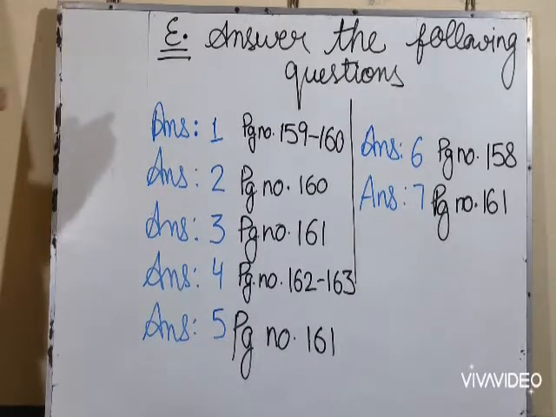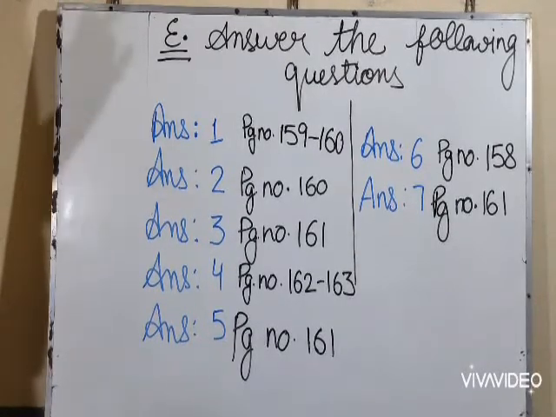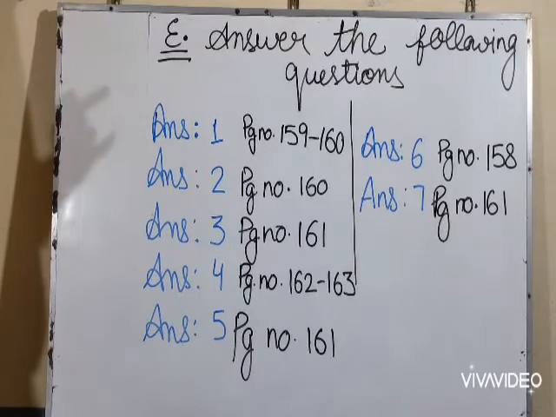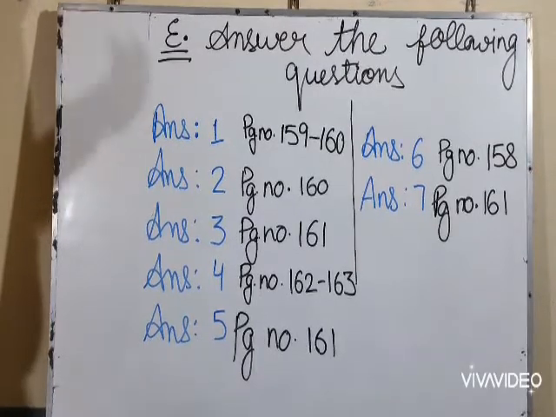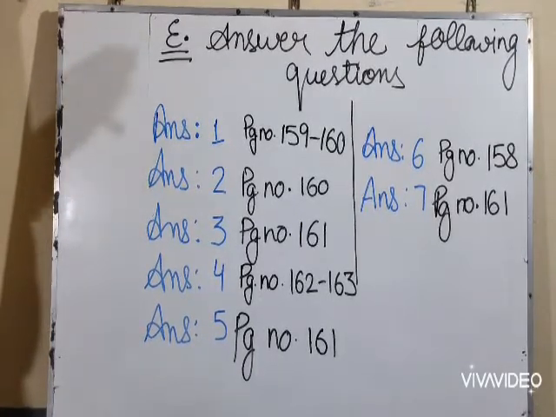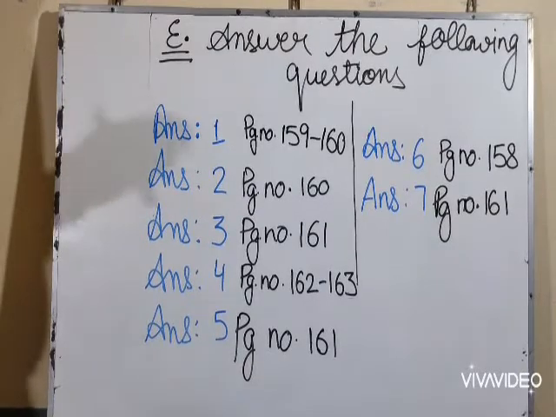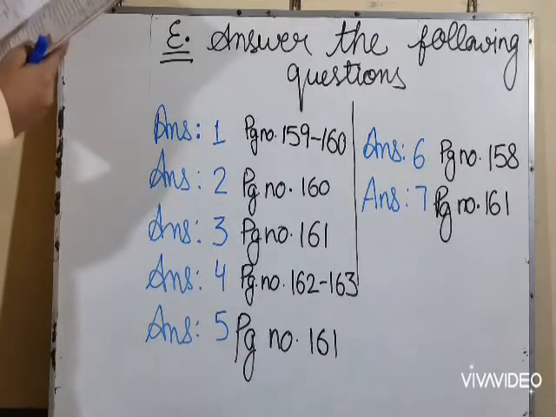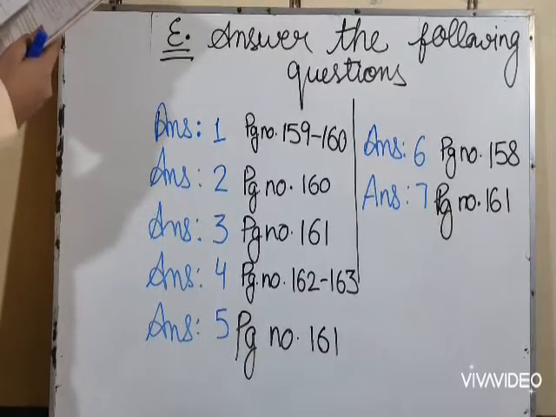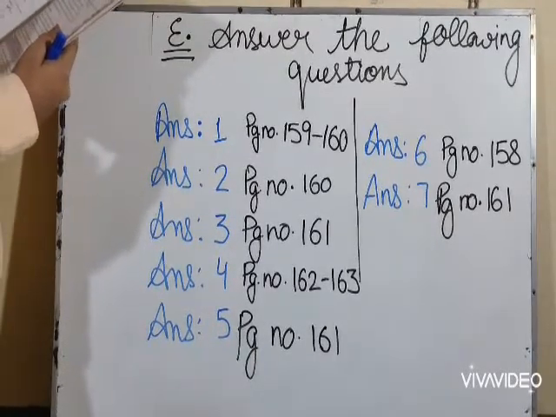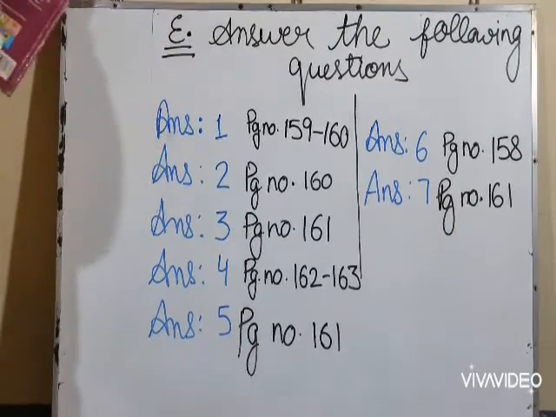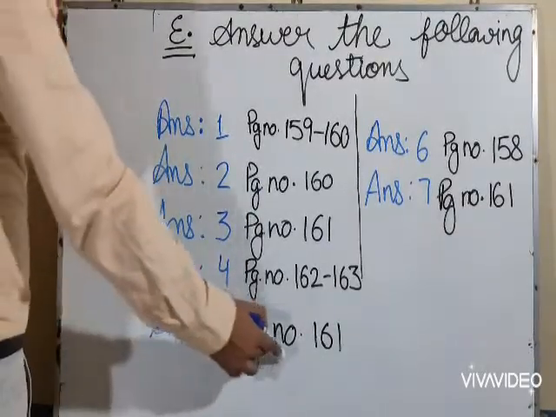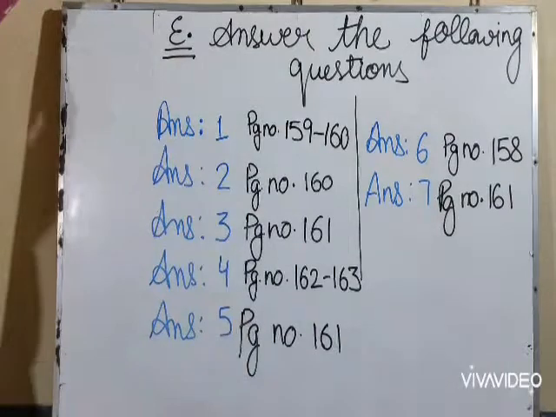From there, after reading that paragraph, you have to change the sentences according to yourself, keeping grammar and sentences in mind. Then you will write your answers. Now question number 5: why is the Lok Sabha the more important of the two houses? You will get this on page number 161.